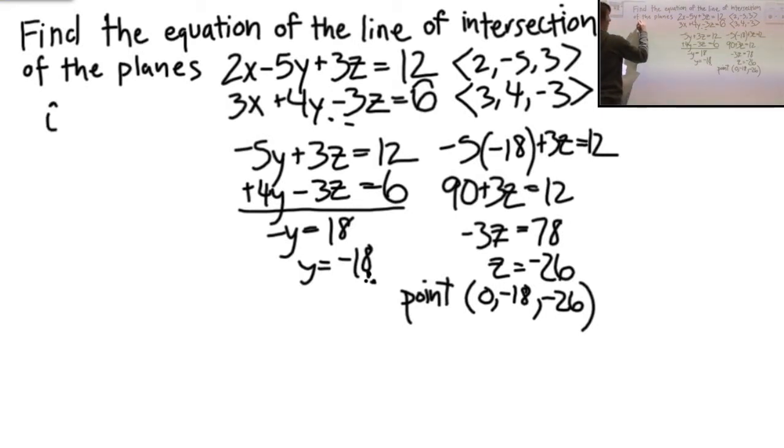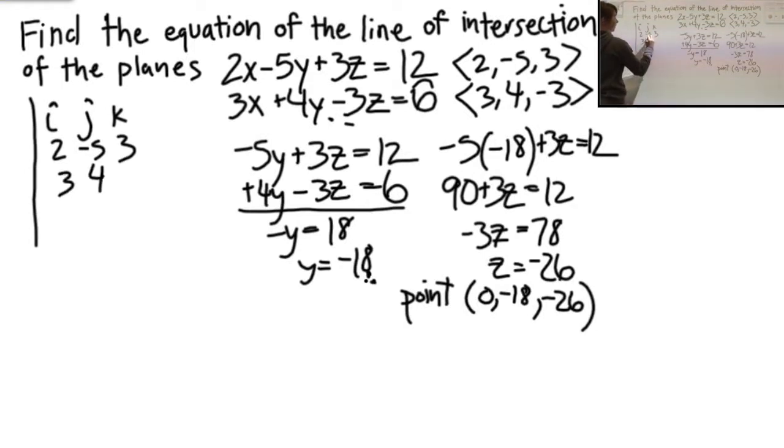We have i hat, j hat, k hat. 2, negative 5, 3 is our first vector. 3, 4, negative 3 is our second vector.